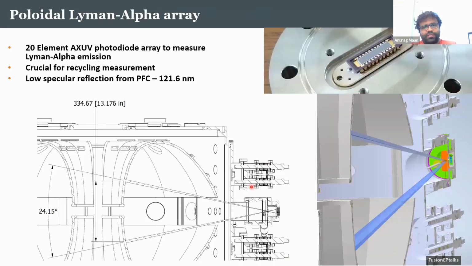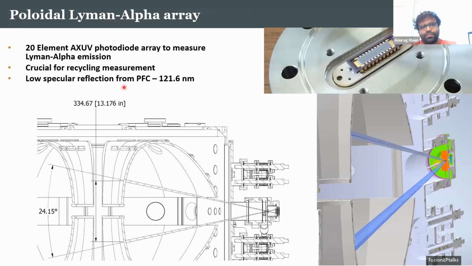In addition to that, there's a new upgraded Lyman alpha photodiode array. This is basically an array of 20 photodiodes that sits behind a Lyman alpha filter, shown in this orange housing, and it can view the shell through this gate valve.